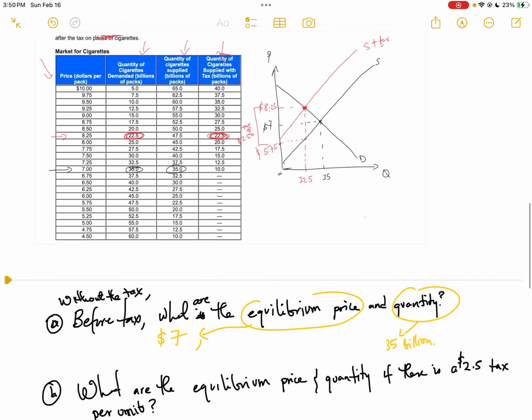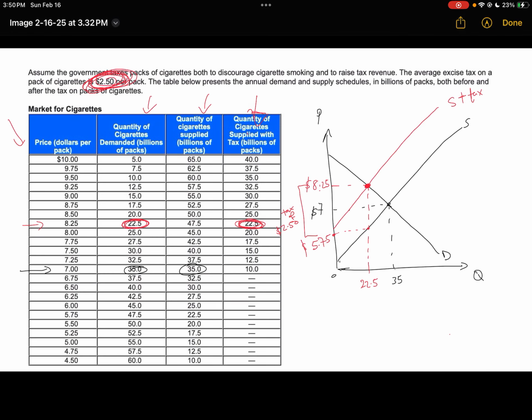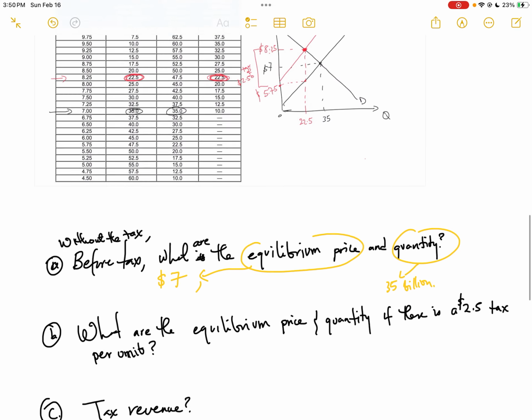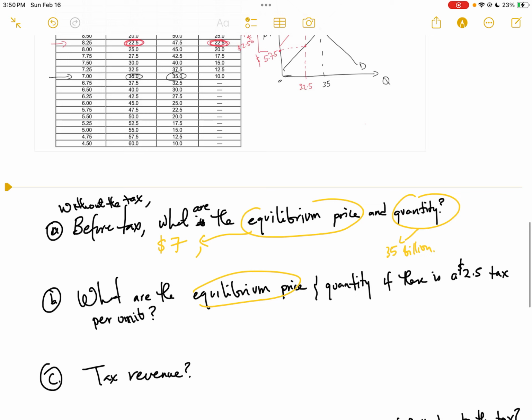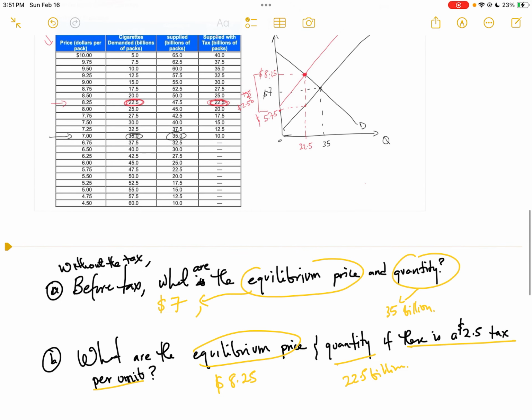That's the first one we found, right? That is our 8.25 and the 22.5. So let's go back. Here, equilibrium price now, when there is a tax, is 8.25 and the quantity is 22.5 billion units.